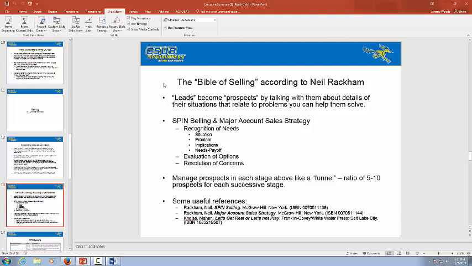Basically, leads become prospects, or people that you initially talk to that you don't know whether they're interested or not, eventually become contacts who are in some way interested or becoming interested. The way that you go from stranger to interested customer is by talking with people about details of their situations that relate to problems that you can solve. So the idea here is to get people talking.